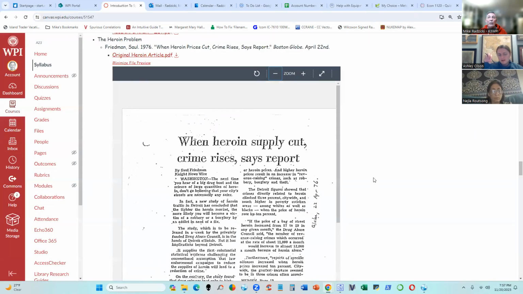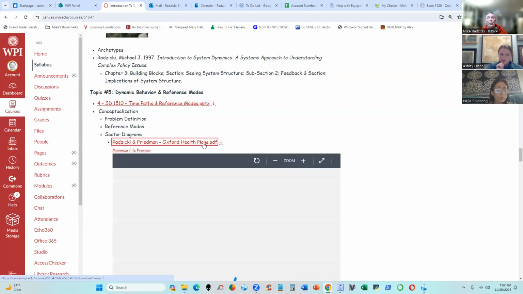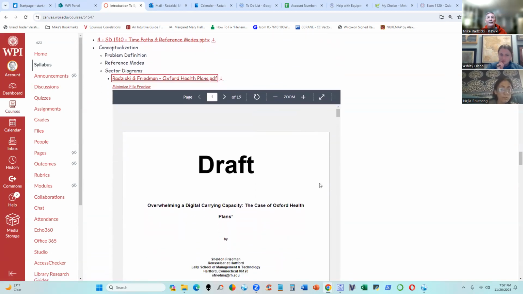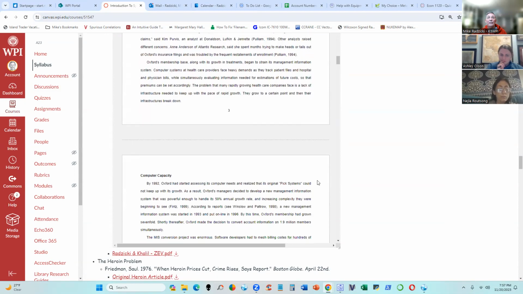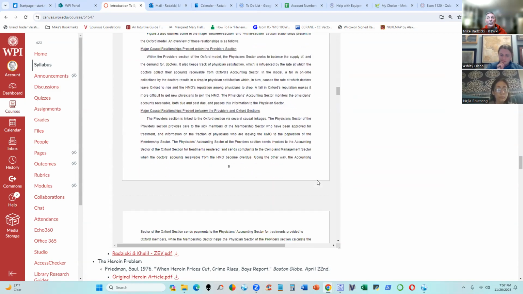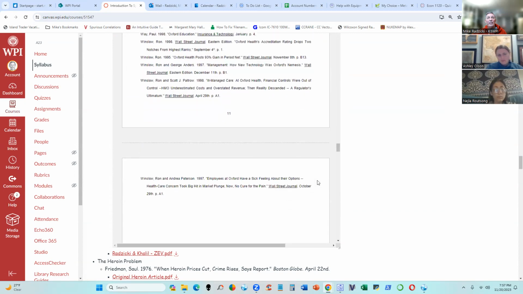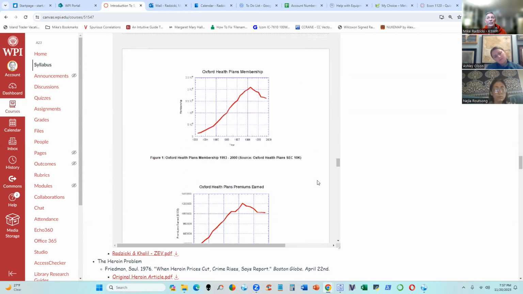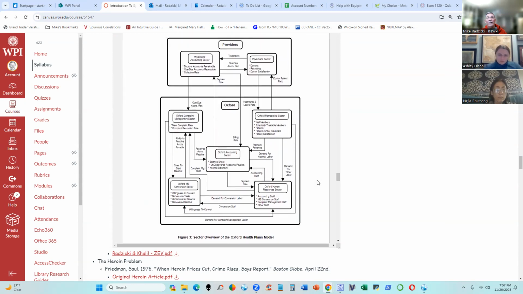So you might remember when I say a sector diagram, I showed you these things before. So this was Oxford Health. I think did I show you this? I thought I did, but maybe I didn't. There's a reference mode. Did I show you this stuff? Here's a sector diagram.